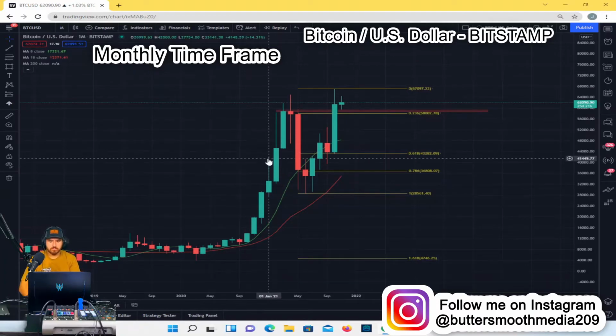From here, we'll find a level of real, tried and true support. I look for wicks such as this one, and I look for candle bodies. We have another candle body within that region, a wick, a candle body, and then another wick. So we'll get that rectangle tool and start at the top of this wick here in January.